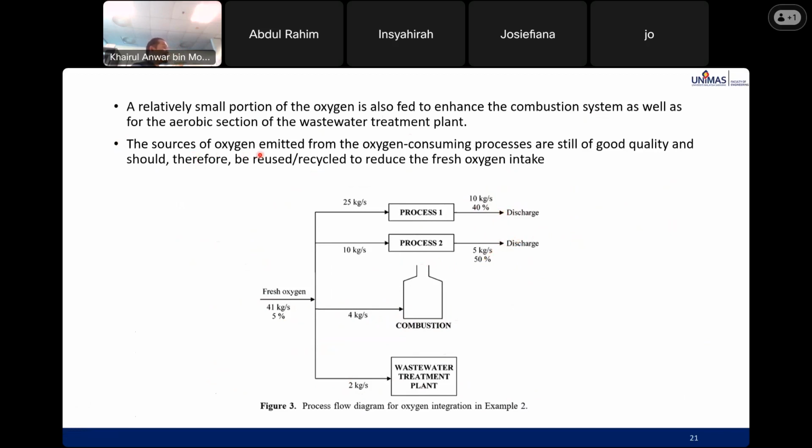The source of oxygen emitted from the oxygen consuming processes is still of good quality and should therefore be reused and recycled to reduce the fresh oxygen intake. Like what I said, the discharge here should be recycled back to this source.